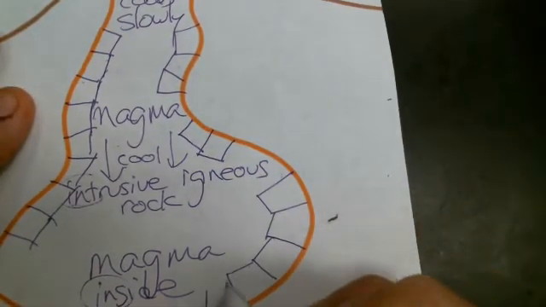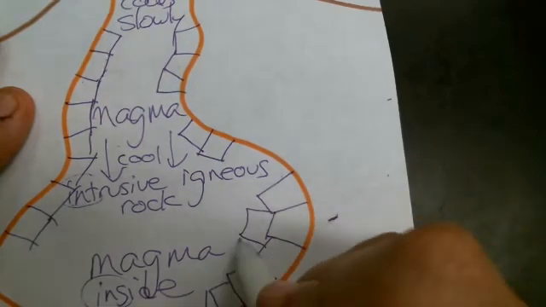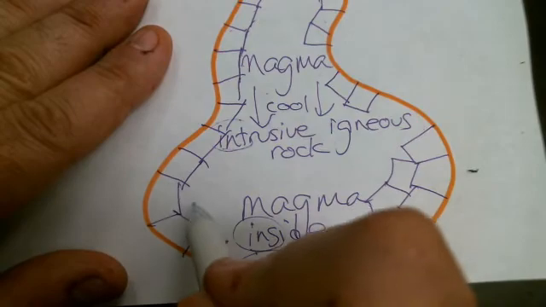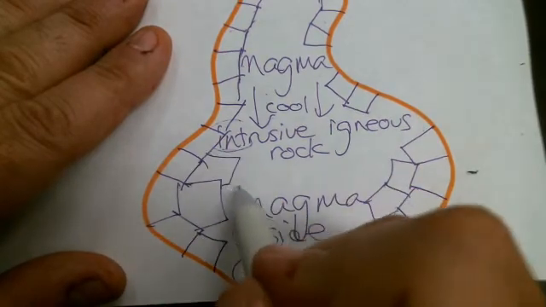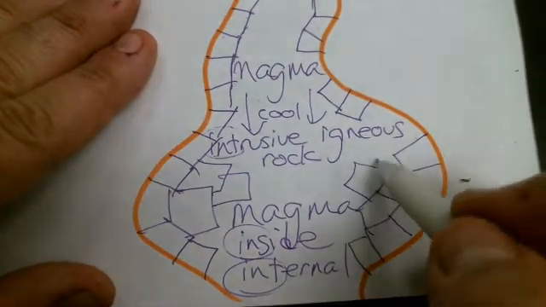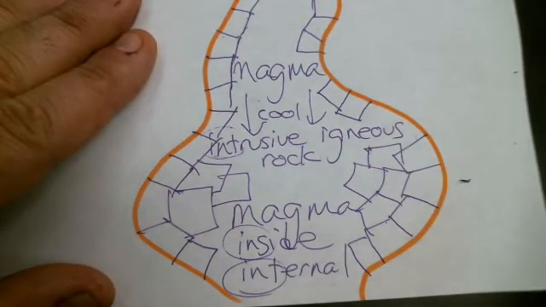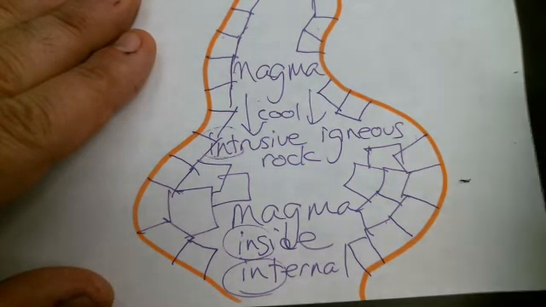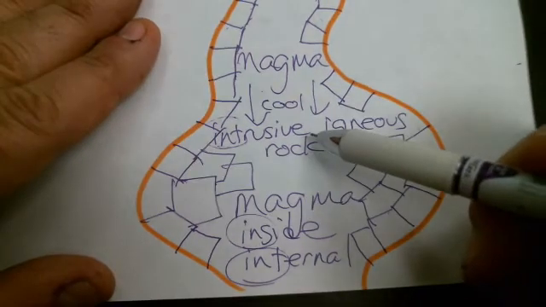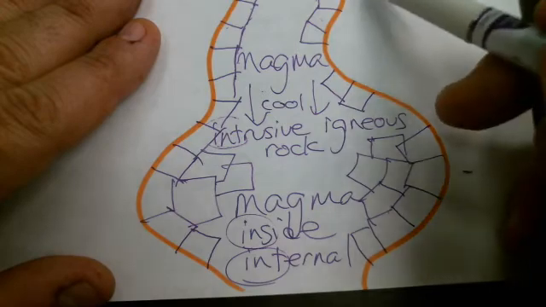And it'll solidify on the outside first, just like we are showing, and gradually solidify towards the center. So, magma on the inside of the earth will cool to form intrusive igneous rock with large crystals.